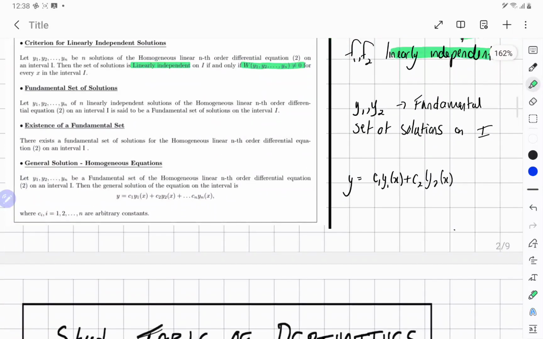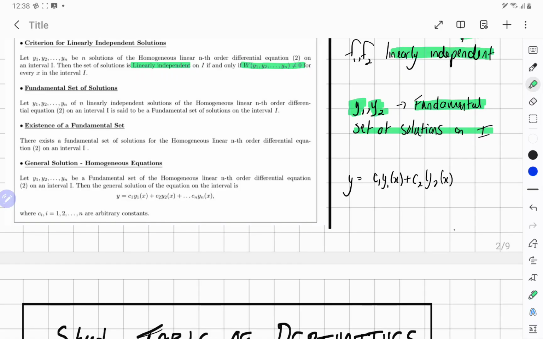But if our functions corresponding to our solutions, y1 and y2, are linearly independent, we call y1 and y2 a fundamental set of solutions on our interval.